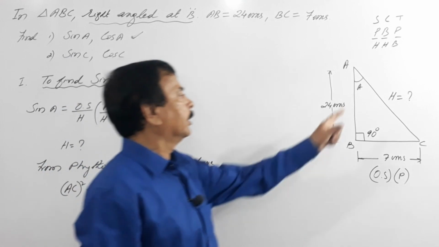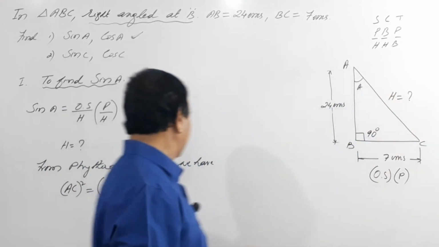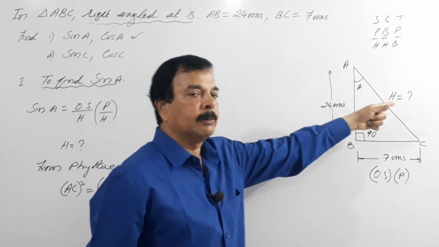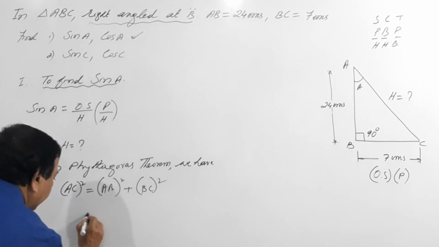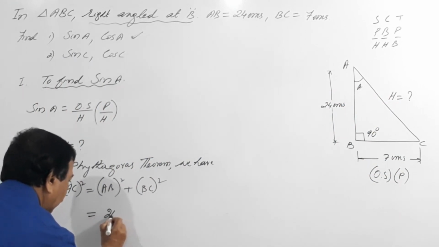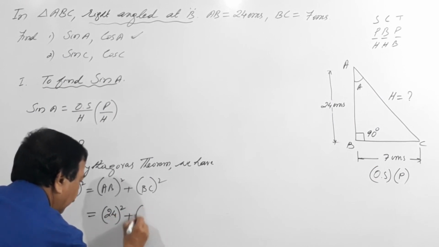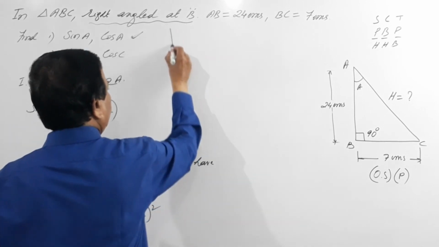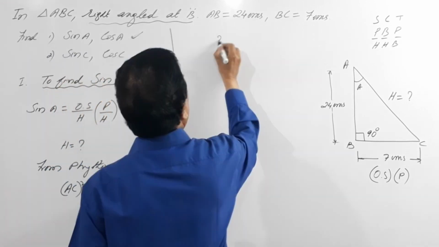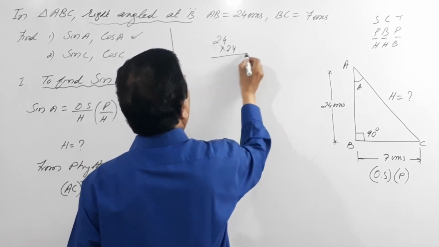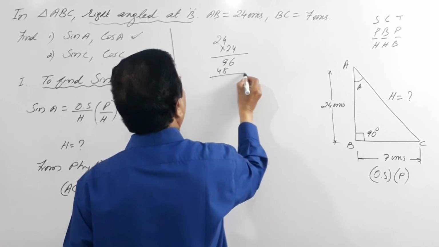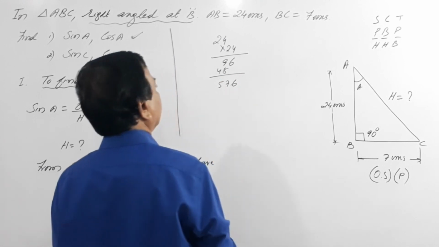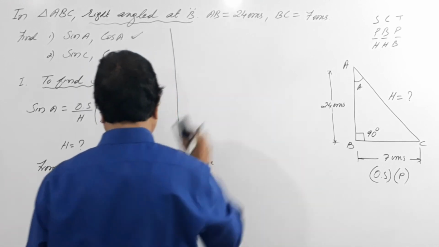So AC square is equal to the square of this plus the square of this, and we will get it. AB is 24, so 24 square plus 7 square. 24 into 24 is 96 plus 48, that is 576. So here I have 576.